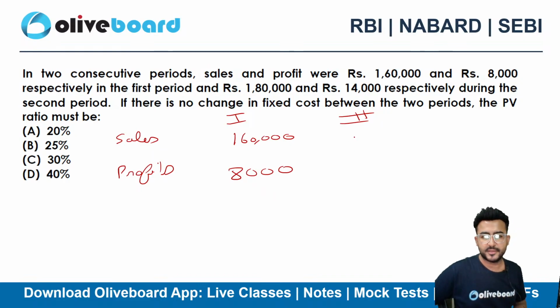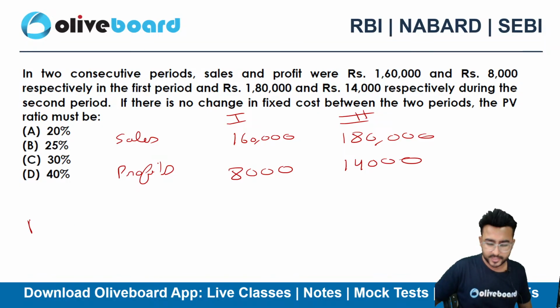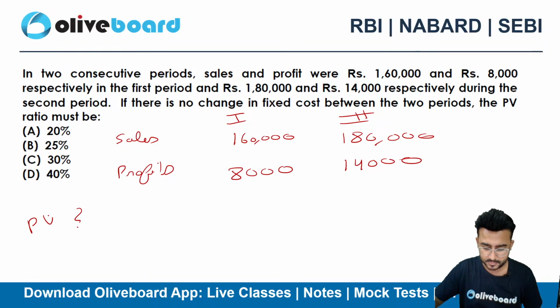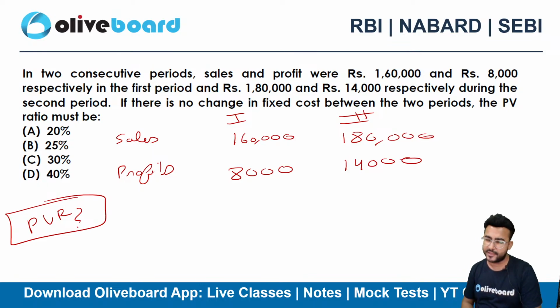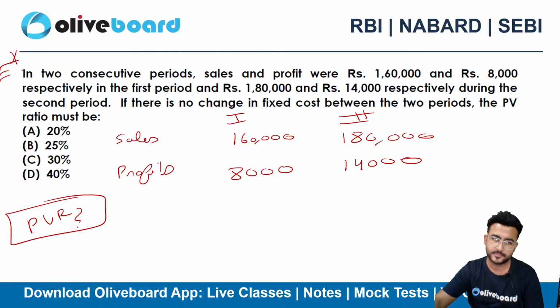In the second period, your sales is 1,80,000, sales increased, your profit also increased. You need to directly calculate the PV ratio here, profit volume ratio. Can you guys do it? This is a question of marginal costing. I think it came in SEBI general examination. A very, very important question for you guys as well.